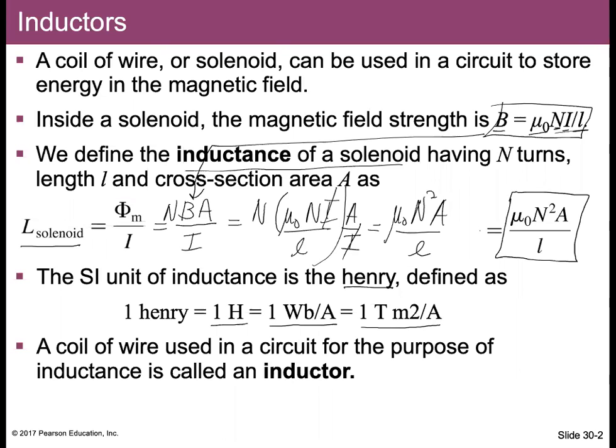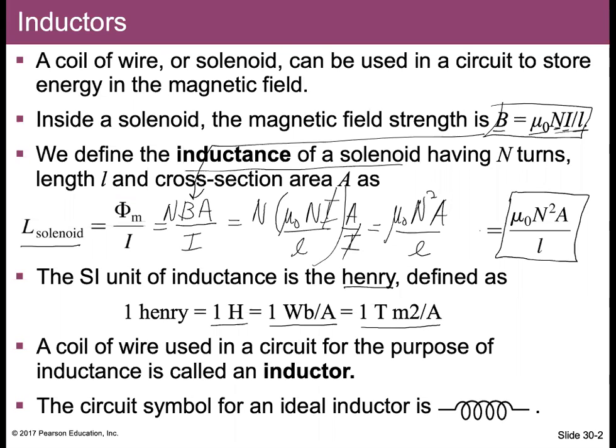A coil of wire used in a circuit for the purpose of inductance is called an inductor. The circuit symbol for an ideal inductor is this spring-like looking squiggly line here. And it's appropriately looking a little bit like a spring. We'll get to that later.